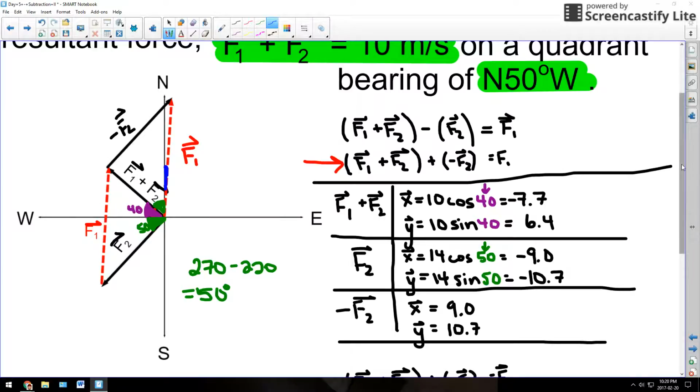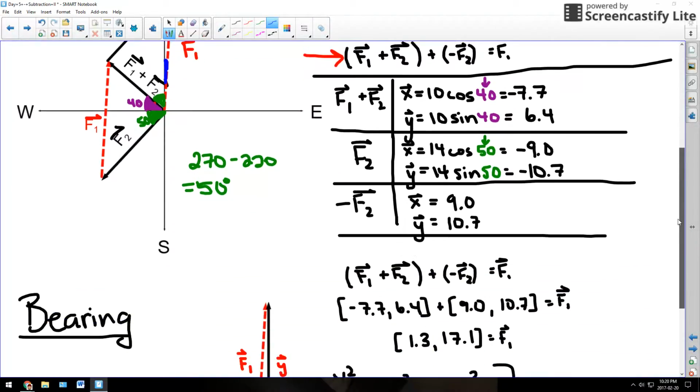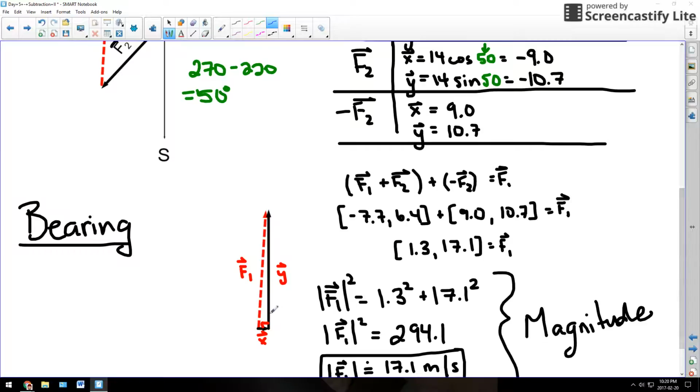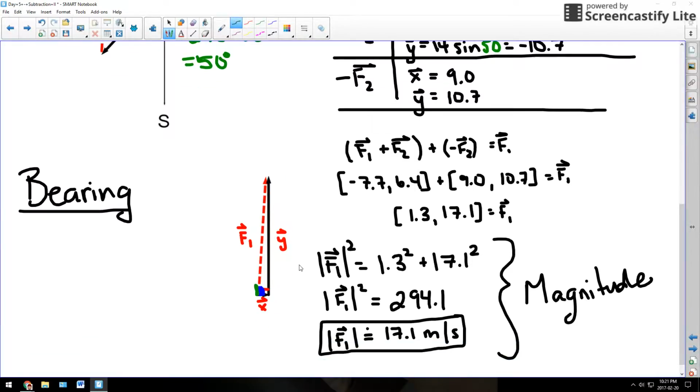Now, if I look at the 90-degree triangle that I've created with the components, the interior angle I can find is this one here, between the horizontal and F1. I can find that angle, and then just subtract from 90 to get this small little piece out here. That's basically what we want to do: find the interior angle, subtract from 90, then we have the bearing. You can use primary trig to do that.